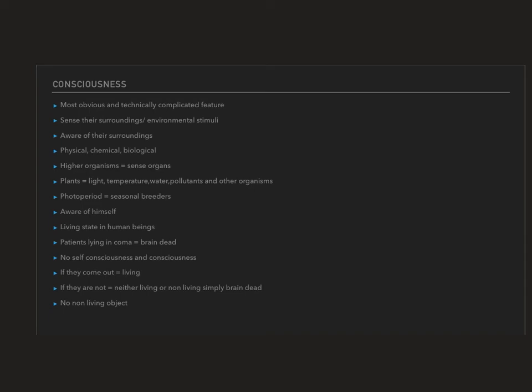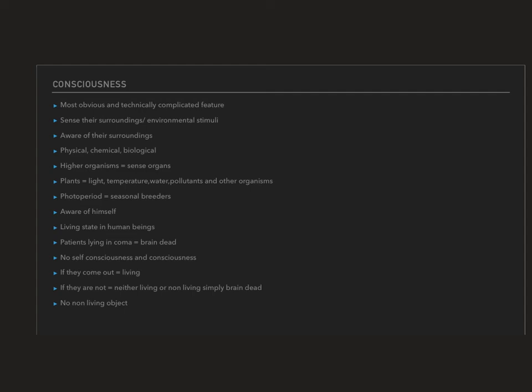Okay, what are external stimuli? They may be physical, they may be chemical, they may be biological. Understood? They are external stimuli. Higher organisms sense their environment, their surroundings, their external stimuli by their sense organs like nose, eye, ear, etc. Plants also respond to their environment.